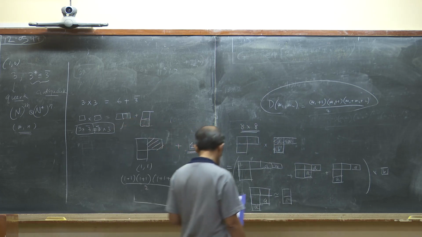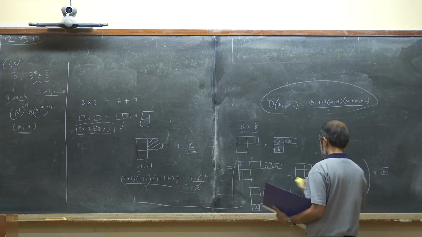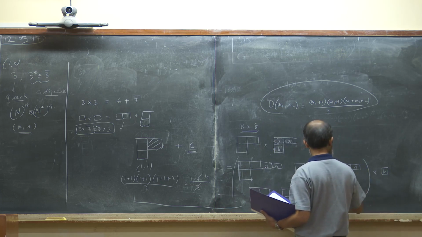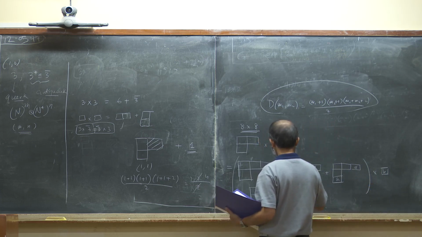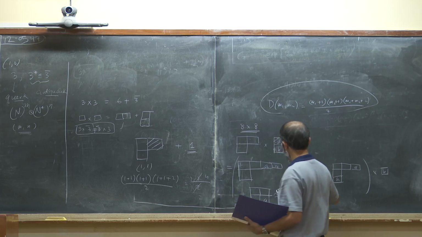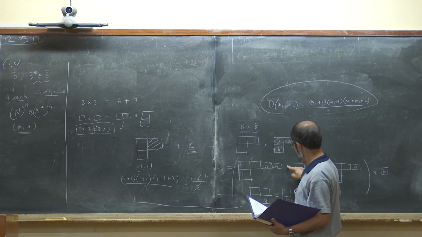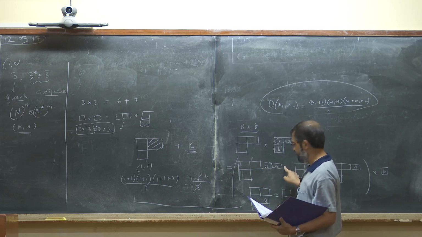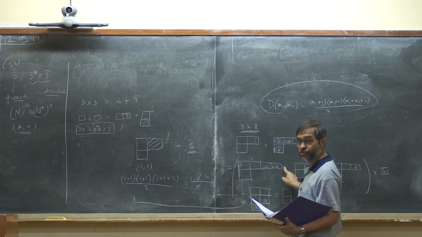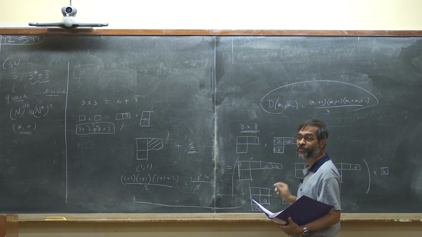Let me tell you what the rule is. You cannot put B here, because when you scan these boxes, in the top row you start scanning like this. By the time you encounter a B, you should have encountered at least those many or more A's.